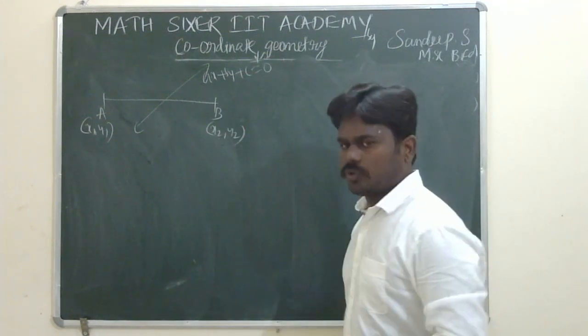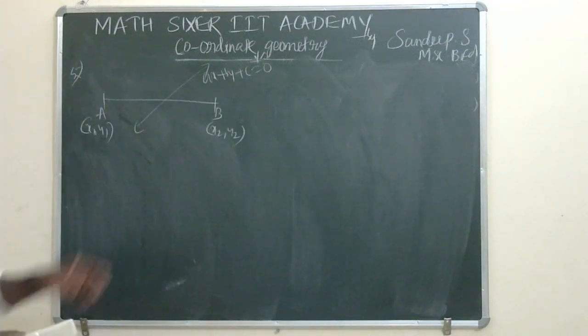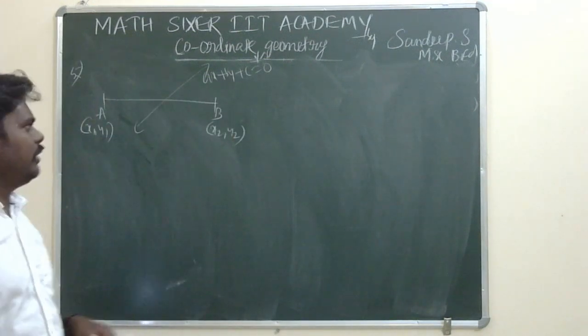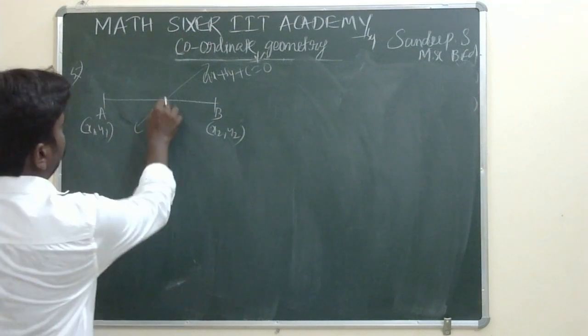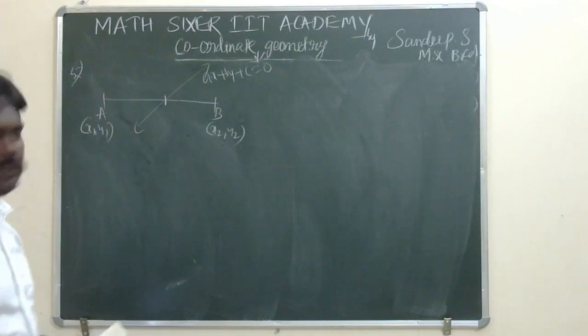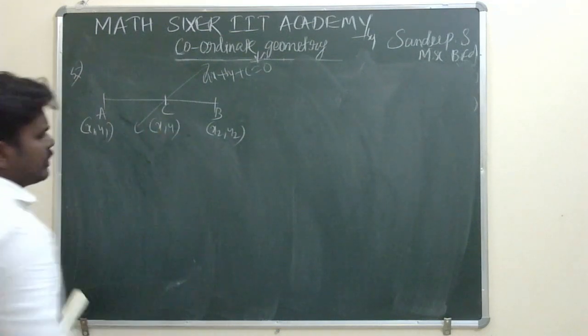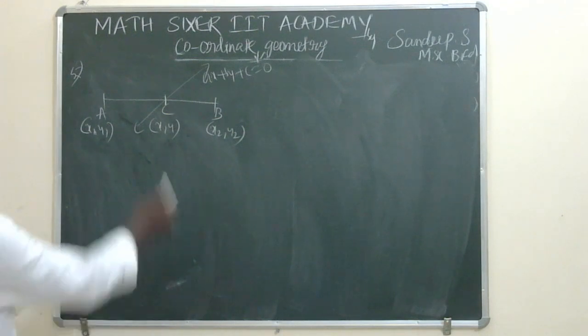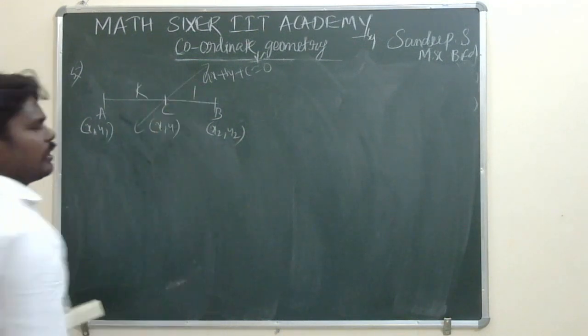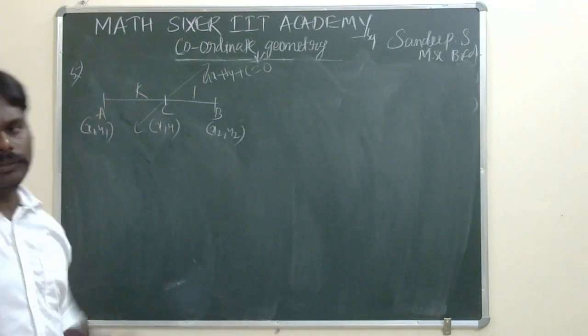So how to do that type of question? By the diagram you can understand that this is the common point of both the line segment and the line. So take that as C and mark it as x comma y. Now just consider that C divides AB in the ratio of k:1.